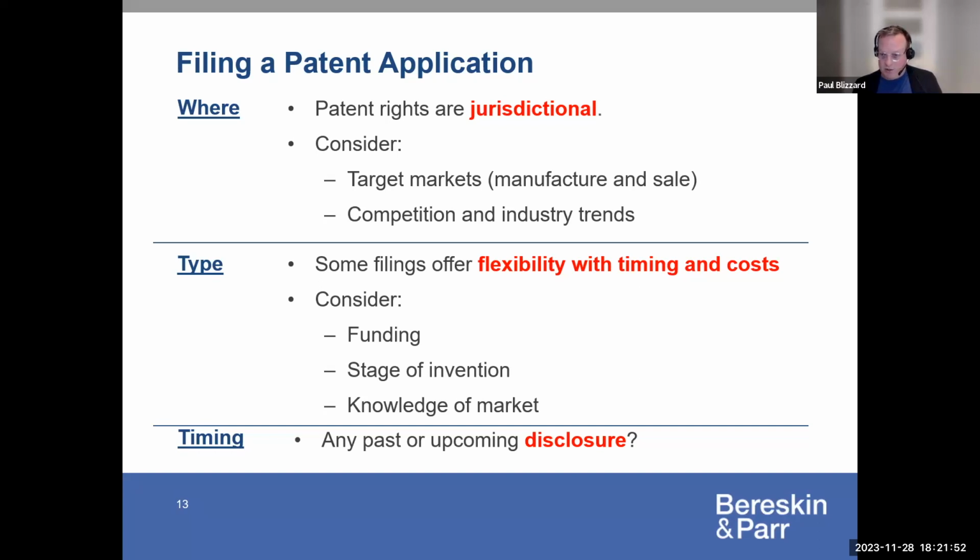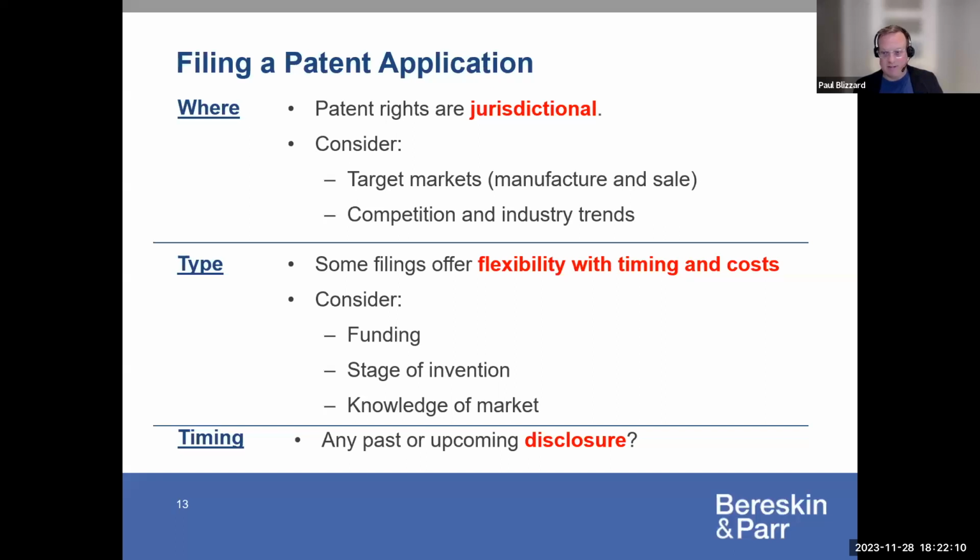We have another question from Jennifer that asks, what stage of your business do you need a patent application? That's a very good question. The strategy can shift, but I'll assume that a lot of the people here are early stage.